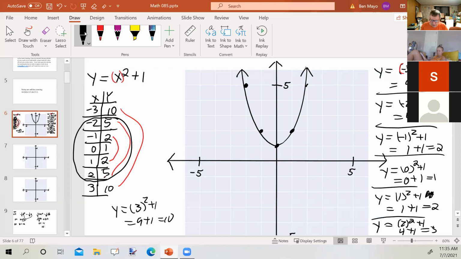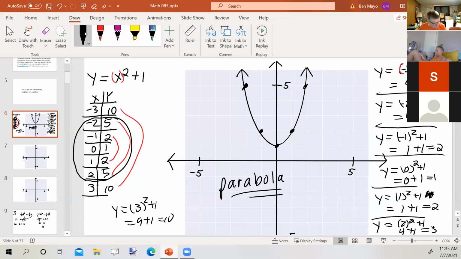This is called a parabola, P-A-R-A-B-O-L-A, okay? We will be dealing with these graphs much later in the quarter, but for right now, this is just a basic idea of what it looks like. So y equals x squared plus 1, there's its graph. Any questions about this particular graph?